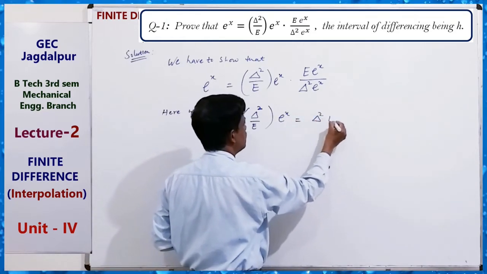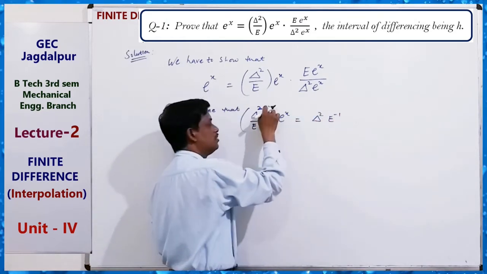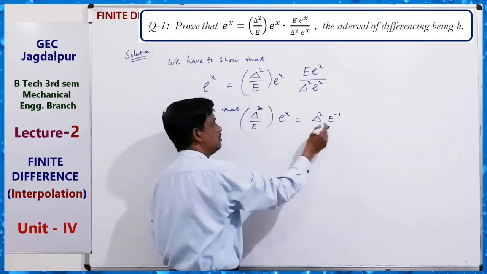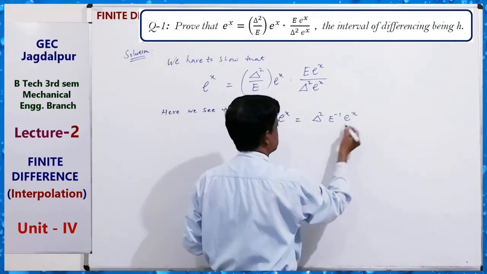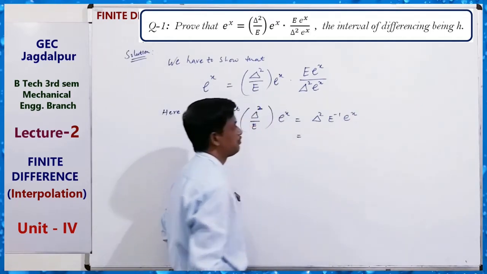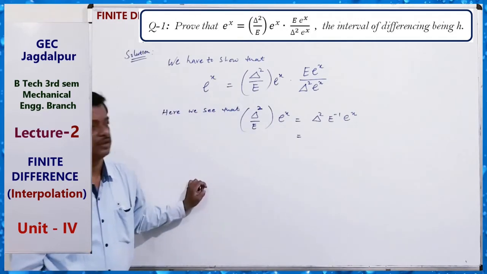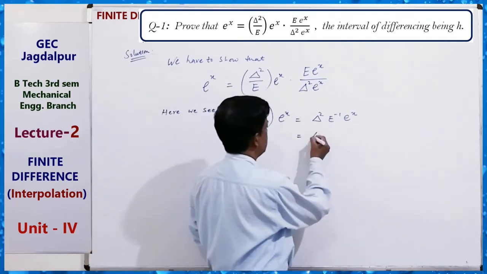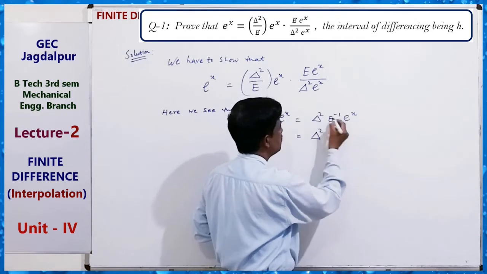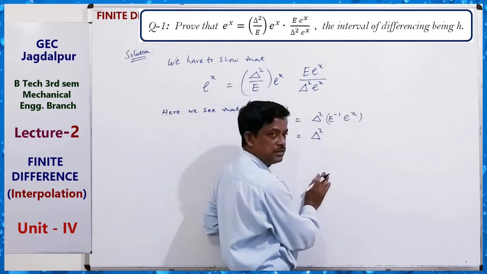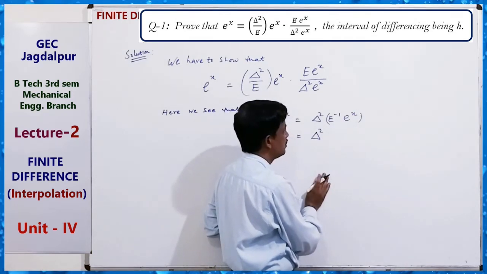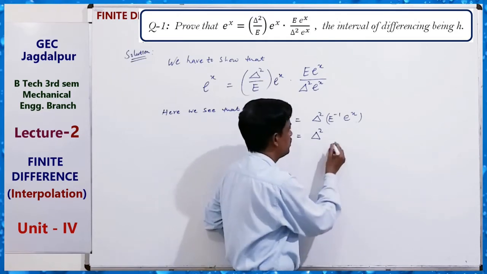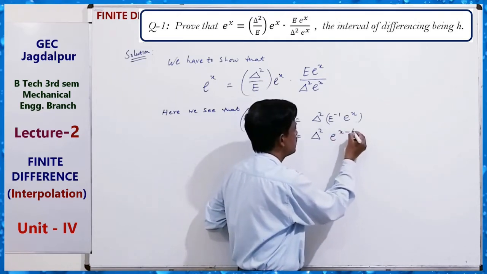Del square E inverse, just take it in the numerator, E inverse e to the power x. Now del square E inverse of this, by using the shifting operator, is e to the power x minus h.